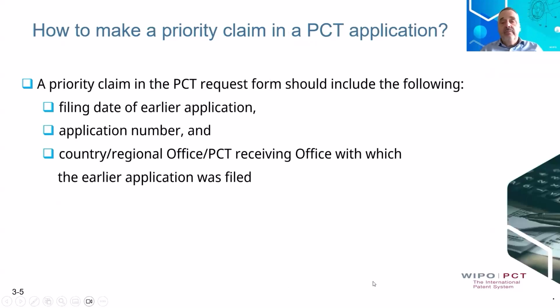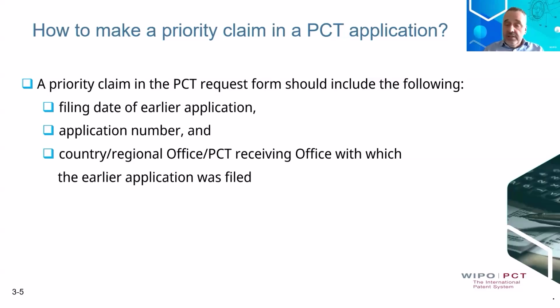So how do you make a priority claim? And I'm now mostly referring to the PCT, since I guess this is a webinar about the PCT. So when you file your PCT application and you would like to make a priority claim to an earlier filed, let's say, national application in one of the countries of the Paris Convention, then essentially you need to include in the PCT request form three pieces of information.